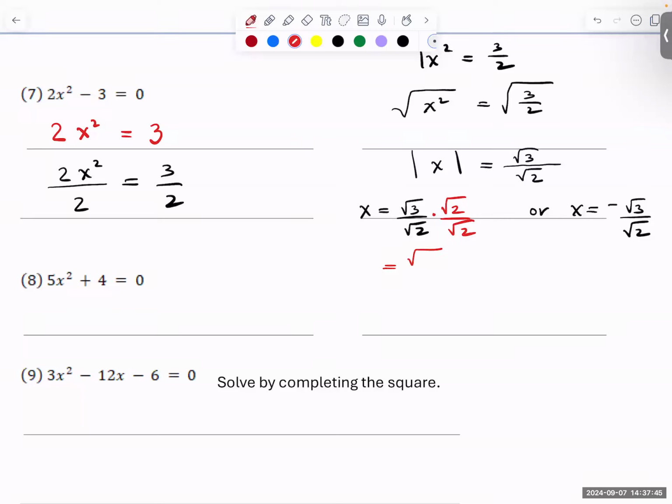So we have square root of 3 times 2 is 6 in the numerator, and denominator is square root of 4, which is the square root of 6 divided by the integer and rational number 2. And when you repeat that, we're going to get the negative square root of 6 divided by 2.